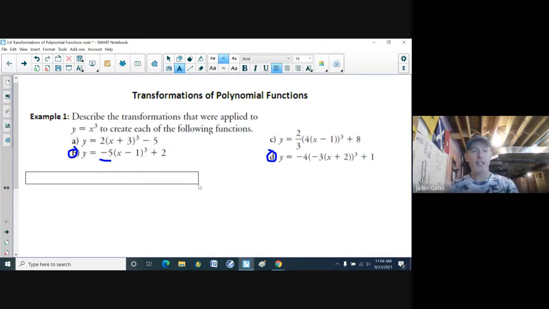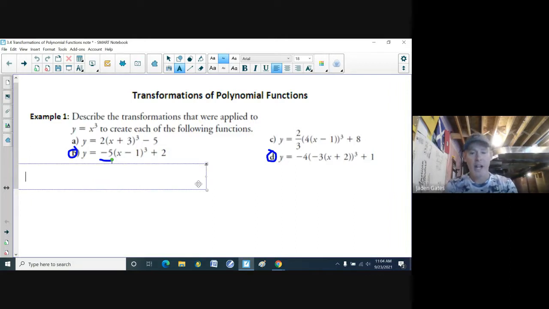As I mentioned in the last class about having an a value that is negative, the graph is reflected across the x-axis. It flips over the x-axis.